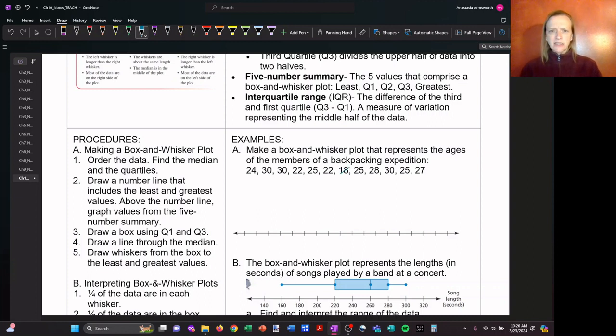Looking on here, 18 seems to be my smallest value. Then I see 22 twice. Then I've got 24 and 25 three times. So there's my 24, 25, 25, 25.